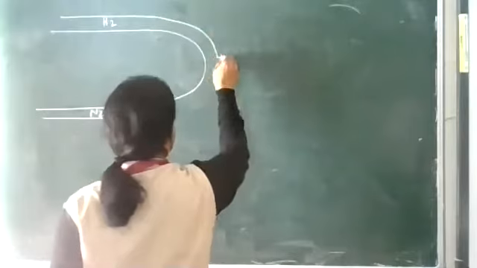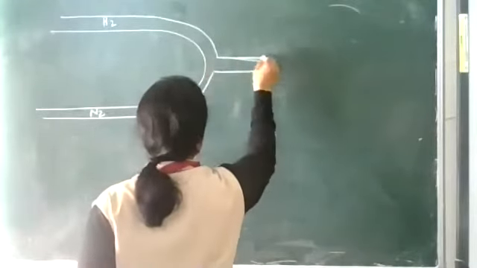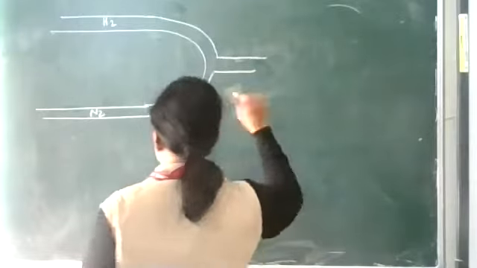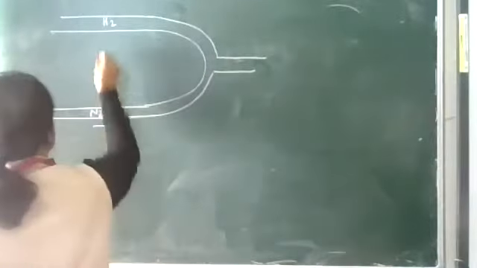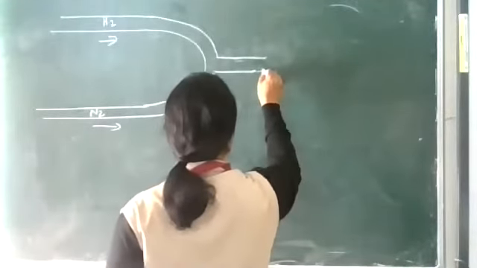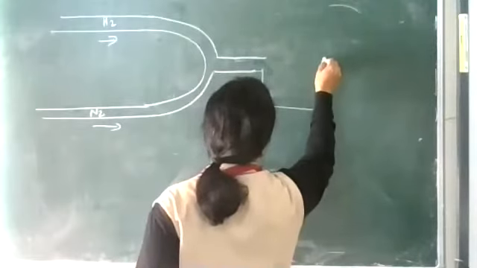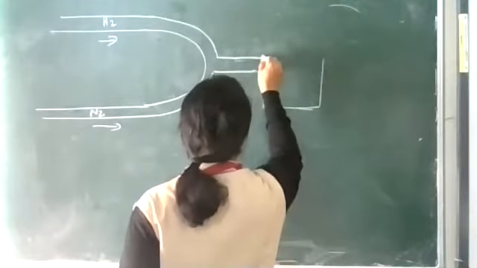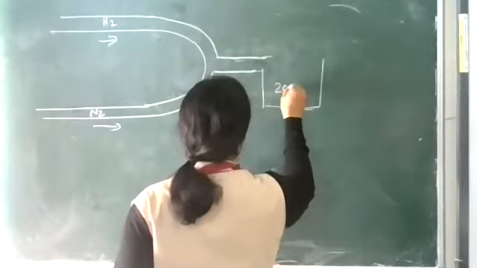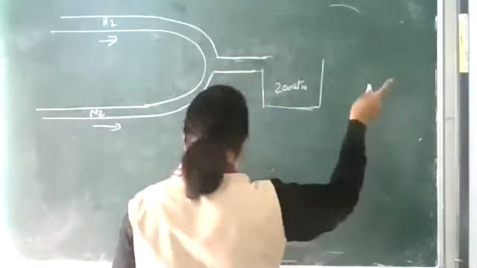They will be mixed. So these nitrogen and hydrogen will be mixed and made to pass through high pressure. Means here a high pressure of 200 atmospheric pressure will be given.